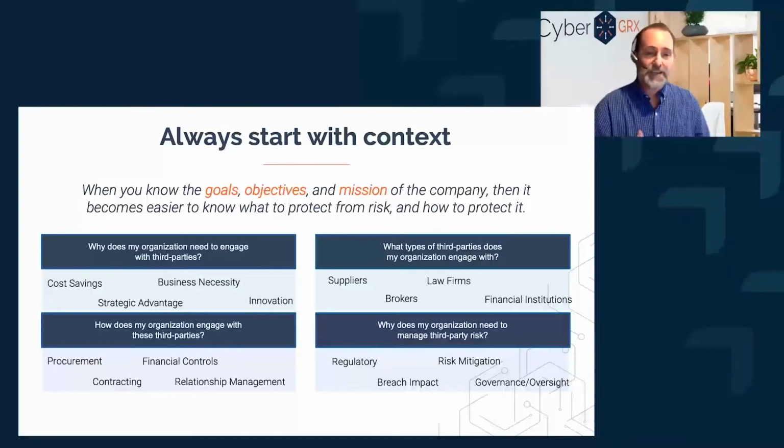How will our organization engage with the third party? What type of third party is best to use, whether we use the third party or whether we bring the services in-house? And why do we need to manage the risk? Is there a regulatory reason, a governance reason? Why do we need to manage the risk associated with the third party?